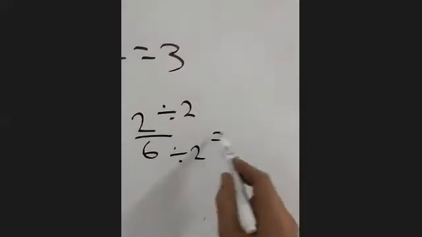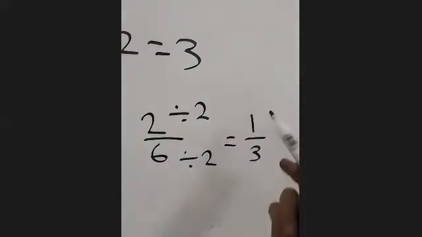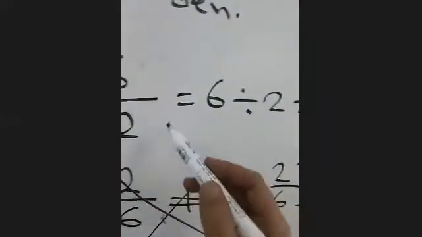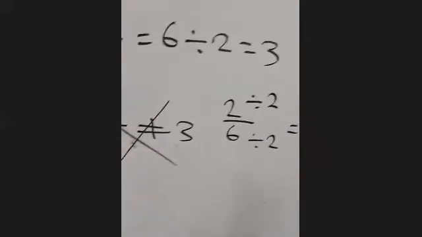Remember? So 2 over 6 is 1 over 3. But 6 over 2 is 3. This is the first idea: what a fraction looks like.